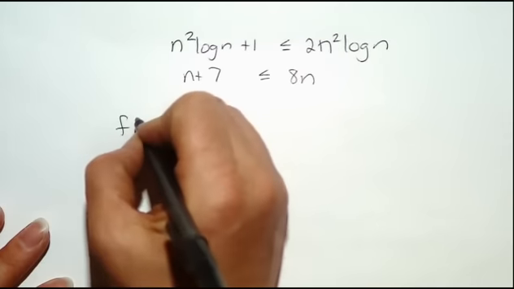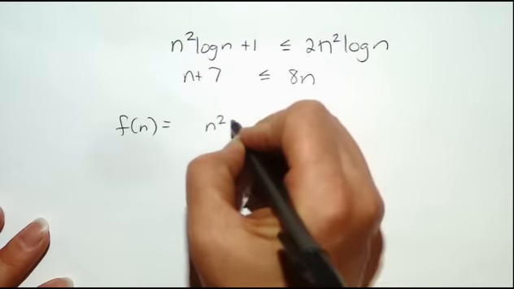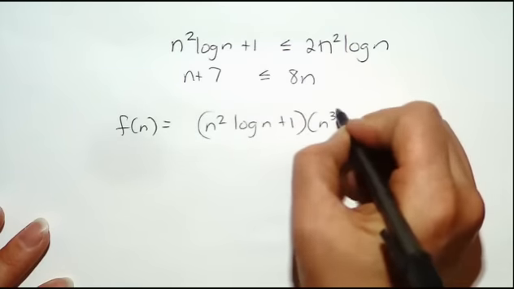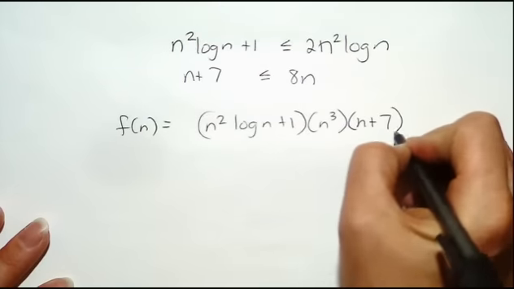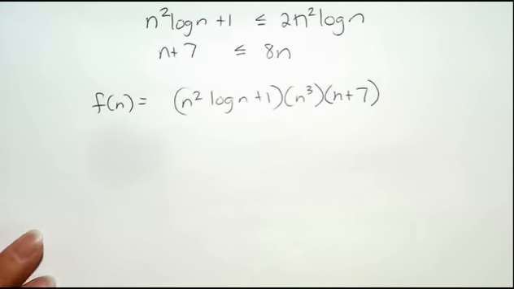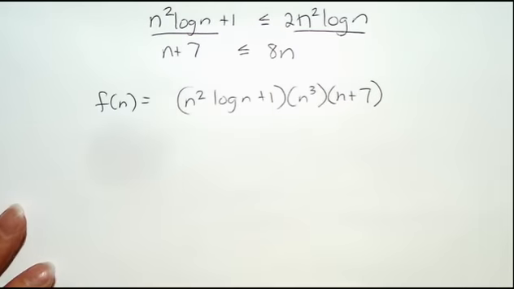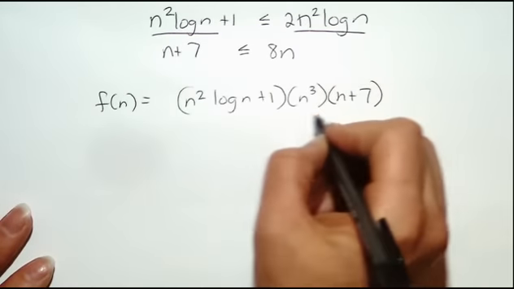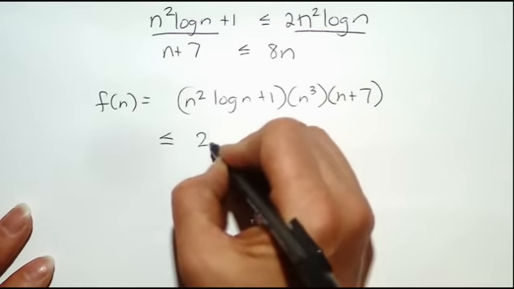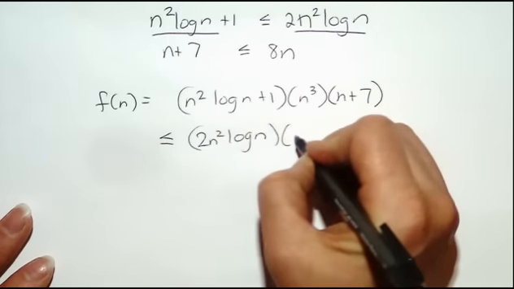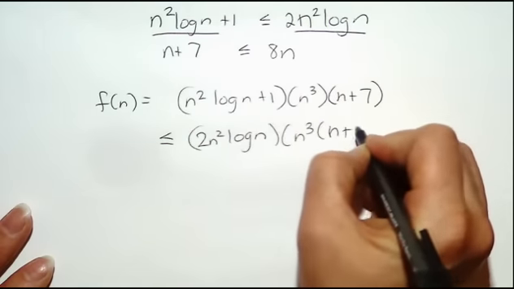And we have our function f of n is n squared log n plus 1 times n cubed times n plus 7. And so since we know this, we could actually replace this. So we can say f of n is less or equal to 2n squared log n, and leave the other things, n cubed and n plus 7.